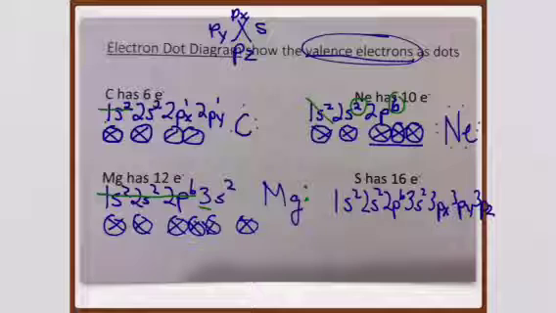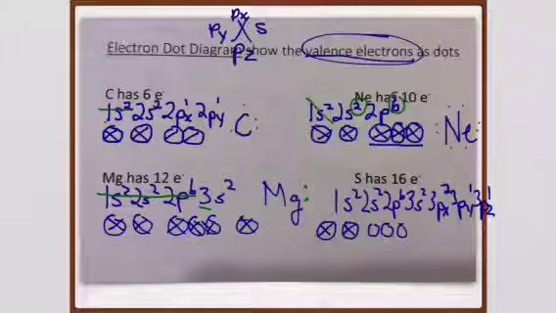Remember we've got 1, 2, 3, 4, so it's 2, 1, and 1. Sorry, this is getting sloppy. Orbital notation: 3s2, and we got our last set of p's here, 2, 1, 1.